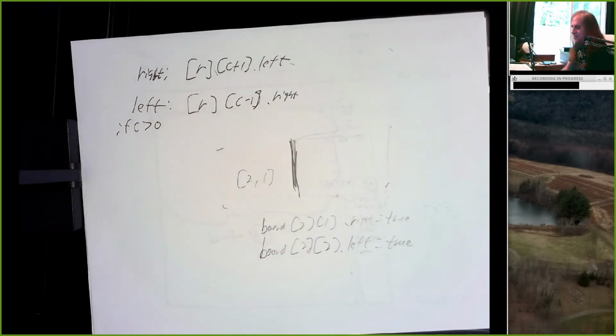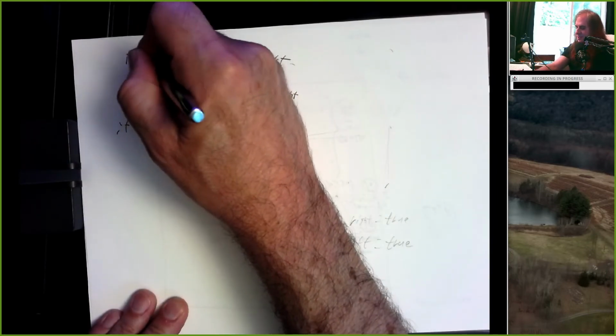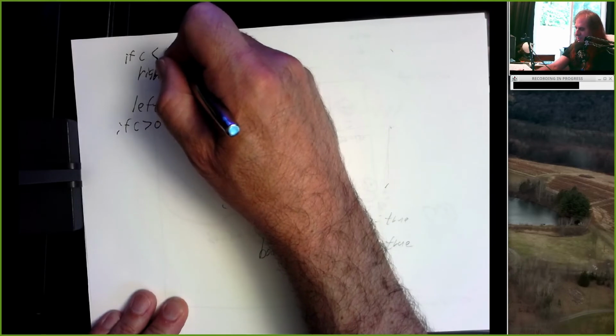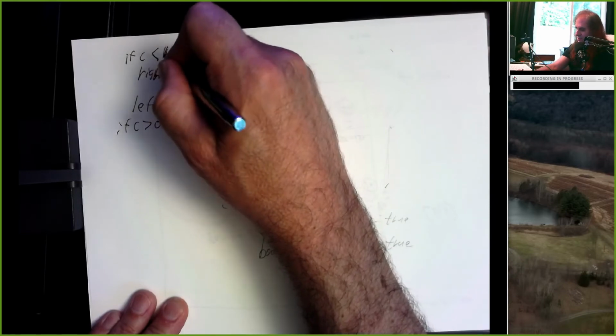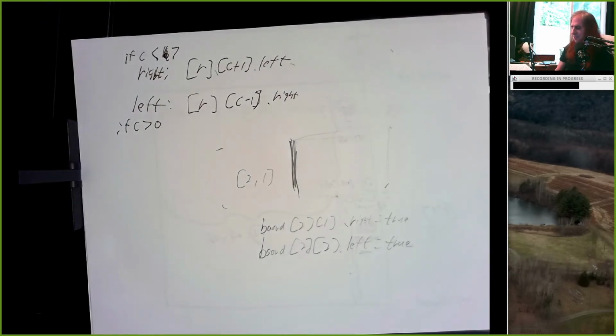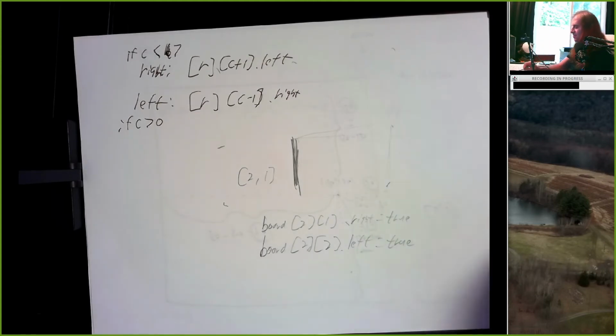We'll get an exception. And in this case, on the right, we'd have to say if C is less than 7. Because if C is equal to 7, C plus 1 will be 8, and that's too big. And then same for the top and the bottom.